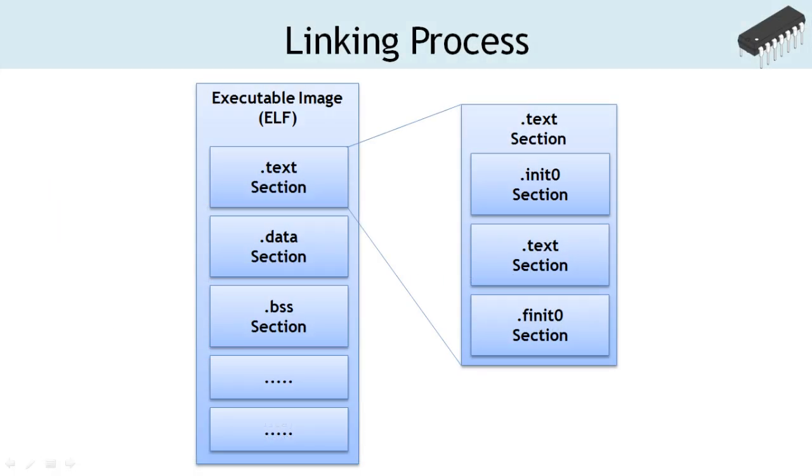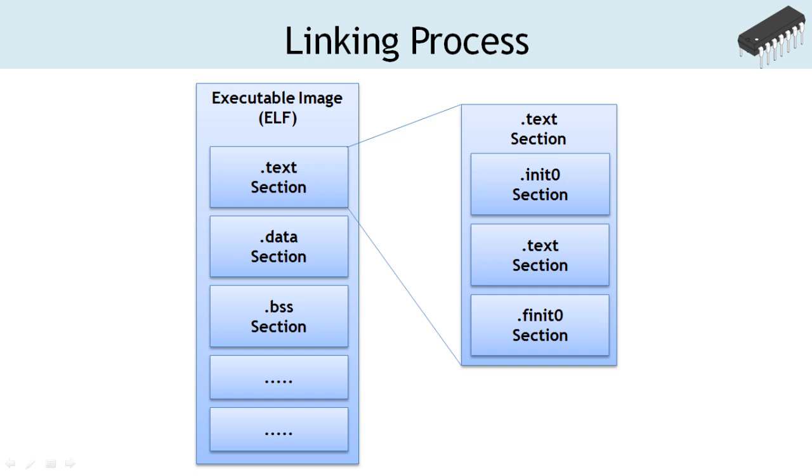Before concluding the lesson, let's summarize the actions carried out by the linker based on the linker script. The script defines three memory sections for the output files. These sections are .text, .data, and .bss section. Then, placement of the sections from the input files is defined for each output section.